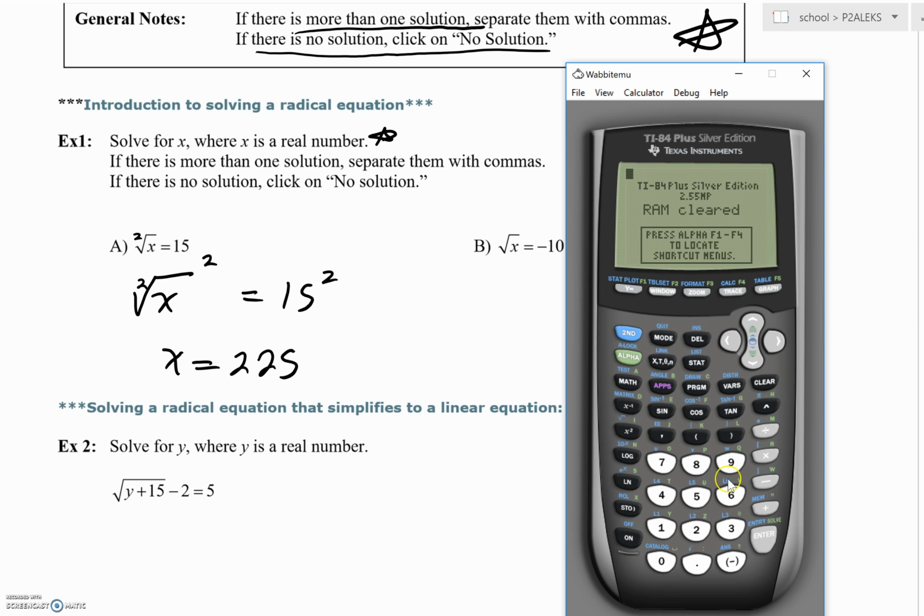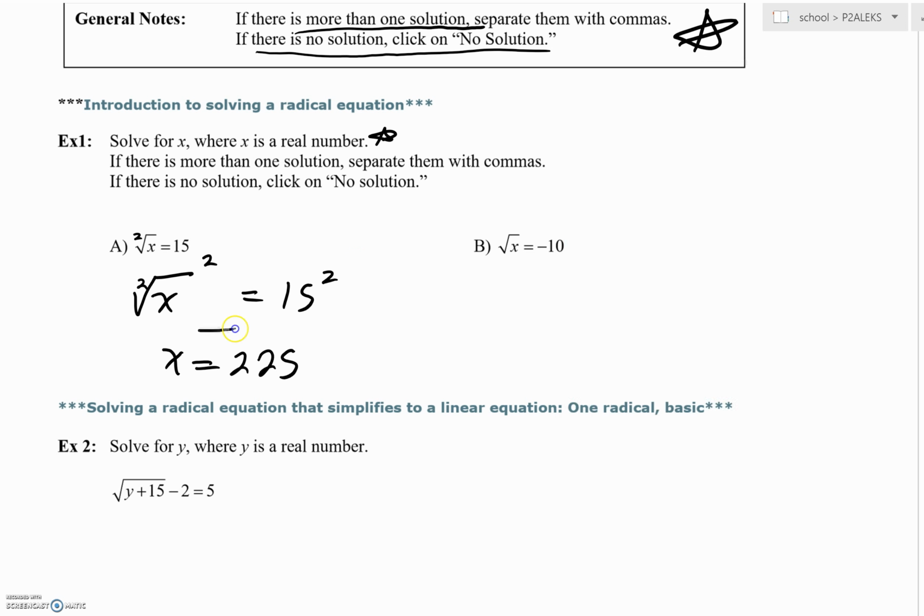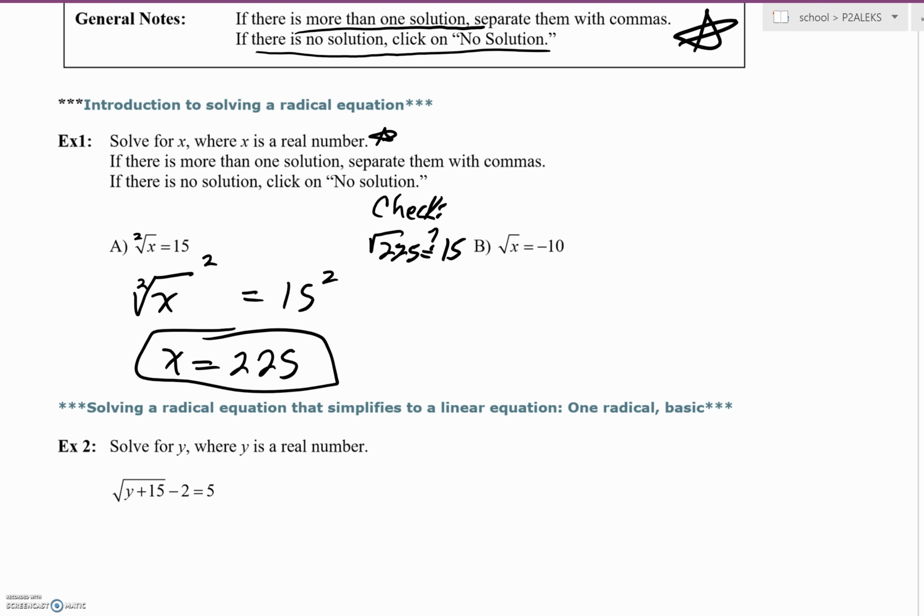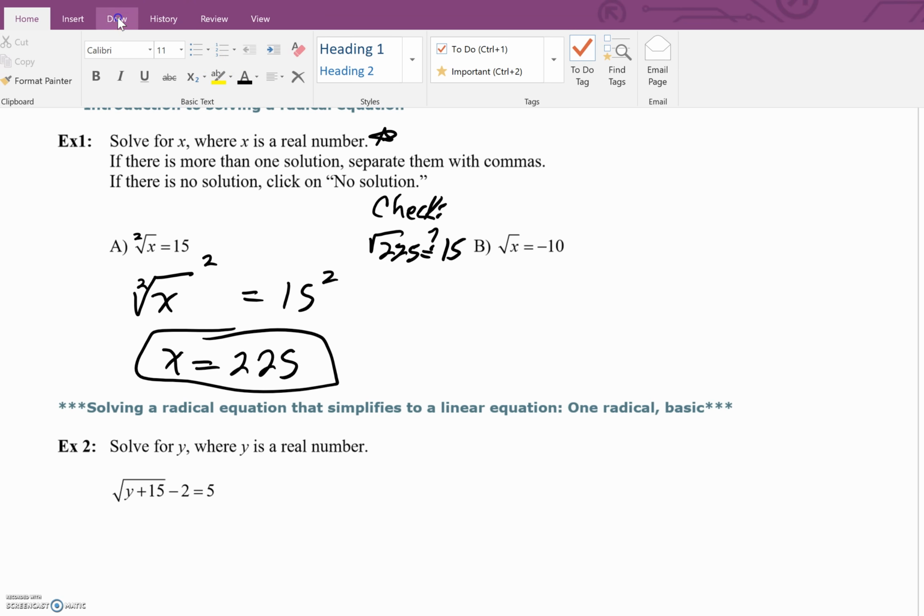Checking with the calculator here, like I said, if you went 15 squared, of course, you'd get 225. But you should always do a check. What you're thinking about doing is saying, if I plug in 225, do I really get the answer that I'm supposed to come up with?